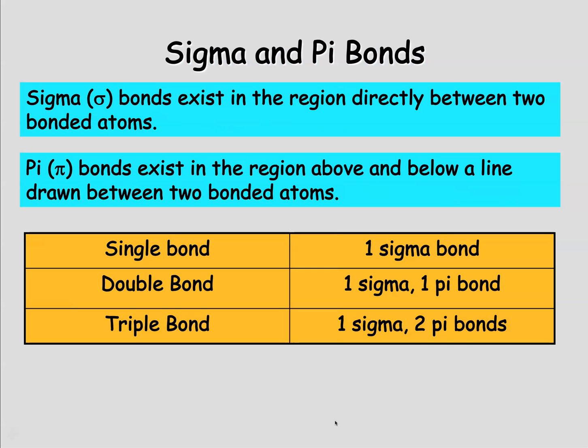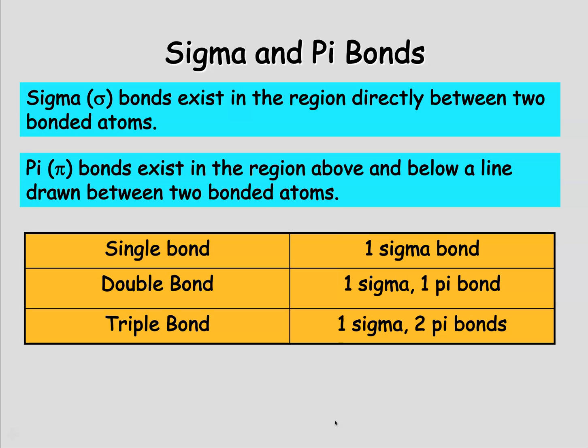Okay. So, again, reiterating, sigma bonds exist in the region directly between the atoms, and pi bonds exist above and below, in front of and behind. Again, images to come. So when we try to figure out the number of sigma and pi bonds that exist, because that's a question that shows up on the AP exam, they give you a diagram of a molecule and ask you how many of each.